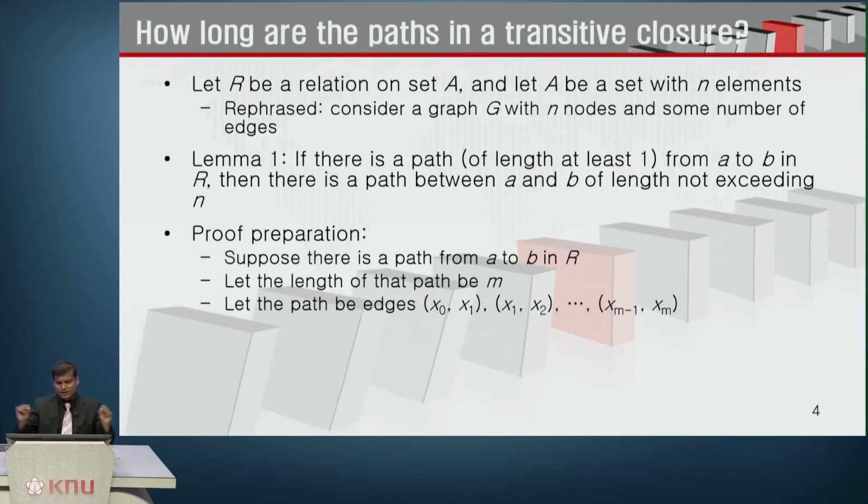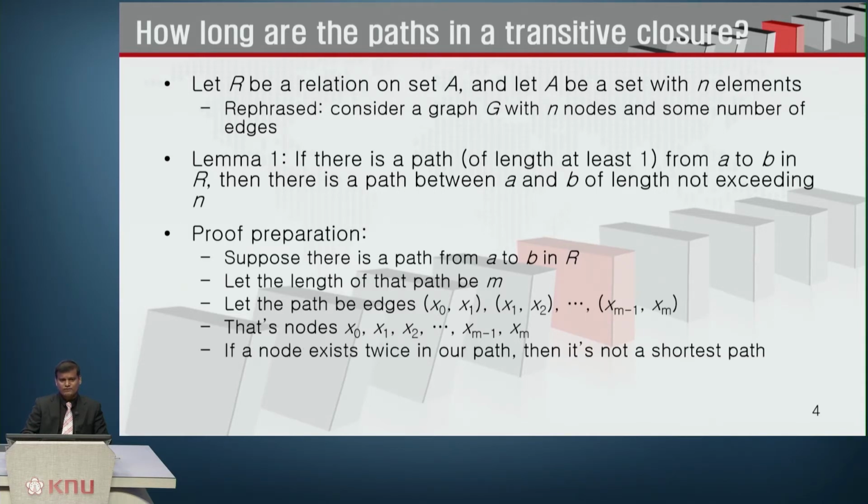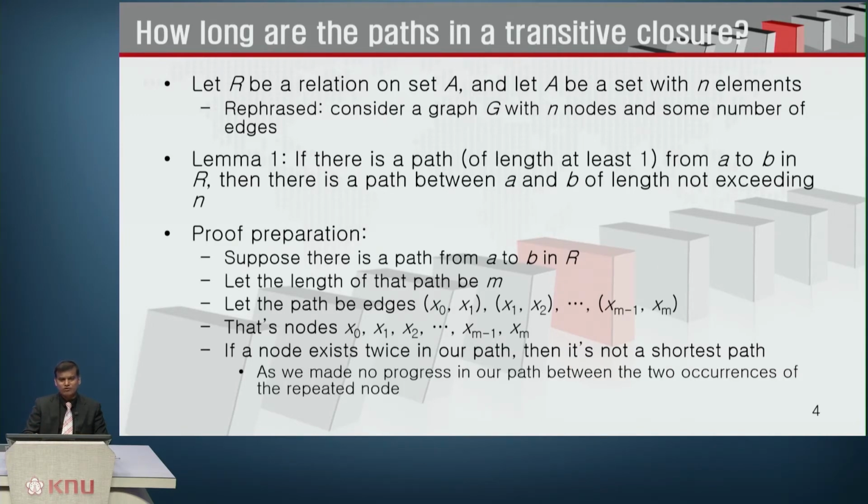So that is the path that you have, and these are the nodes x0, x1, x2, x3. If a node exists twice in our path, then it's not a shortest path. We don't want to form a cycle coming back to the same node. As we made no progress in our path between two occurrences of repeated nodes, you can see graphically how it works out. For example, let's talk about it, so we have these nodes.